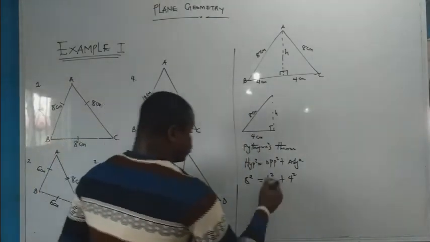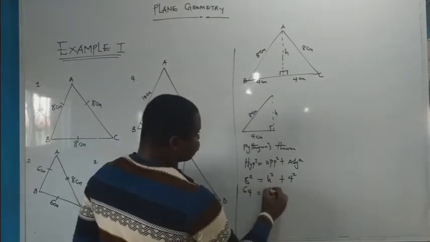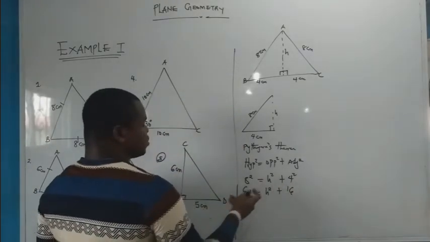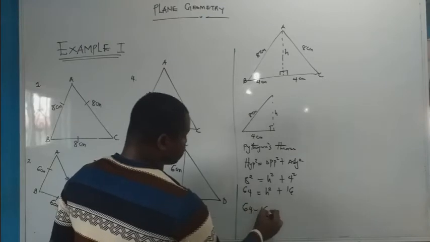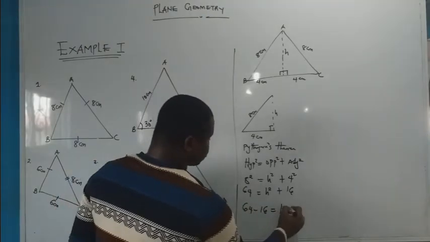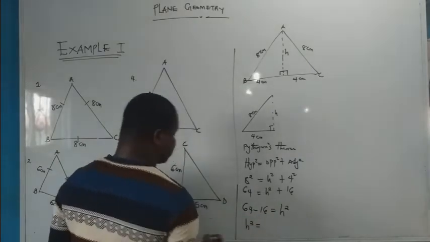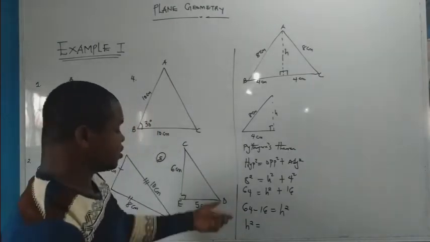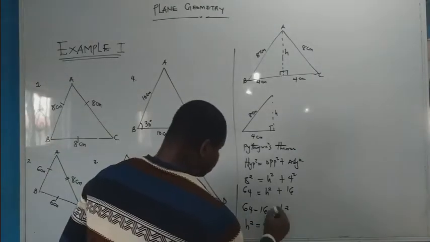Okay. So what do we have here? This will be 64, and we have it to be h squared plus 16. So when you take this to the side, we have 64 minus 16 is equal to h squared. So h squared is equal to 64 minus 16, which gives us 48.